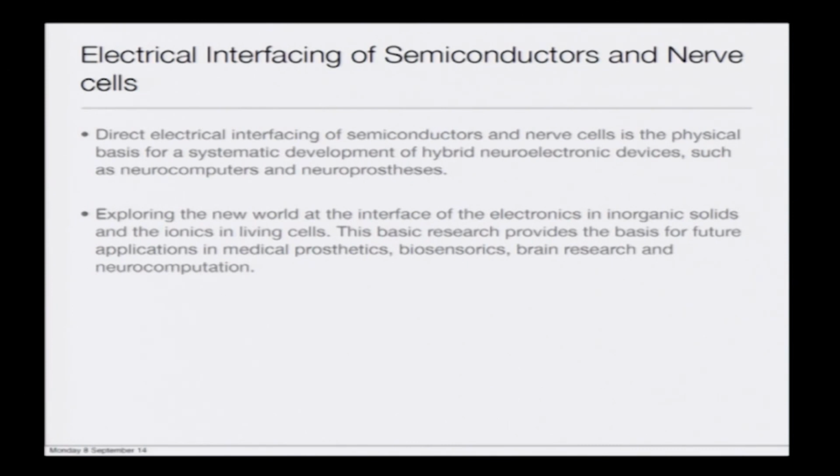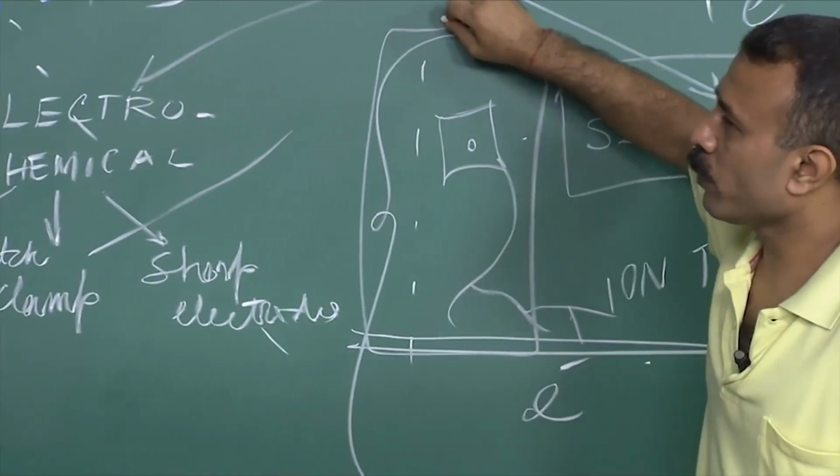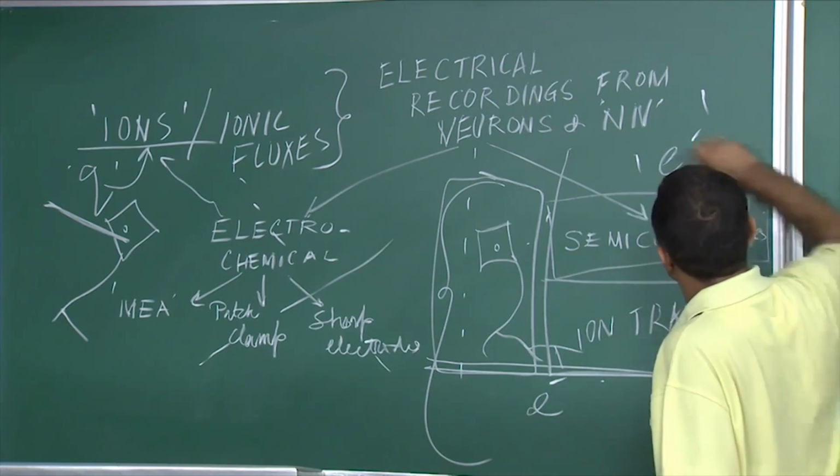So, direct electrical interfacing of semiconductor and nerve cell is the physical basis for a systematic development of hybrid neuroelectronic systems. This is your neuro part, and this is your electronic part.